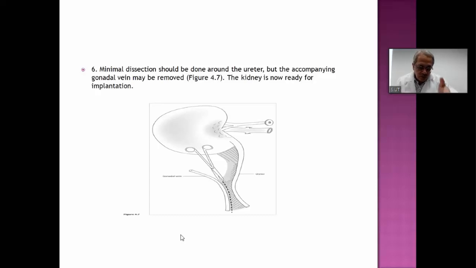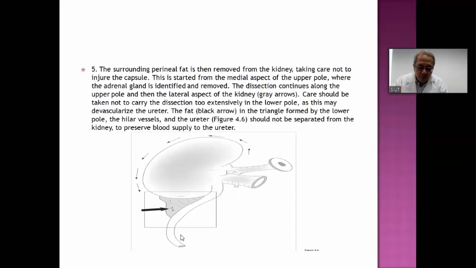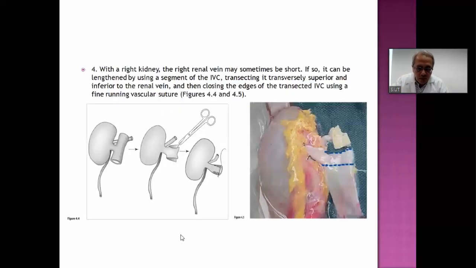But you see, for instance, if you go back to the previous slide, here you see there is a lot of inferior vena cava which is attached to this specimen, the diagrammatic as well as the picture. Now it's up to the surgeon how much length of vessel the person wants.